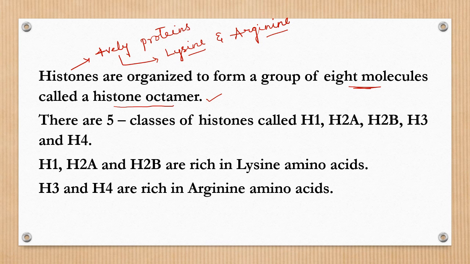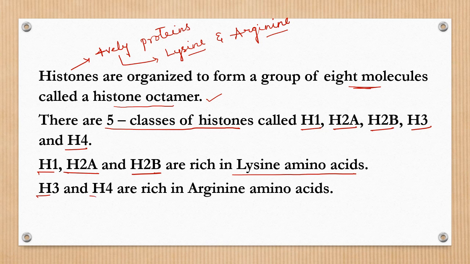Now there are 5 classes of histones: H1, H2A, H2B, H3 and H4. Of these 5 classes, H1, H2A and H2B are rich in lysine amino acids.